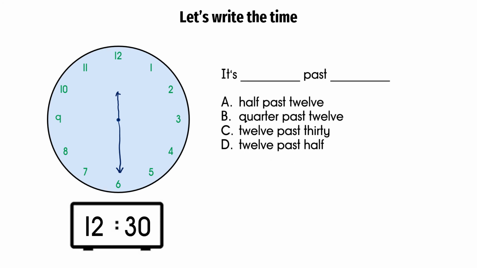What do we use? Is it half past 12, quarter past 12, 12 past 30, or 12 past half? Yes, you're right. It is half past 12. Well done. Let's move on.